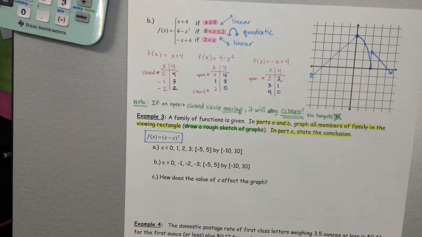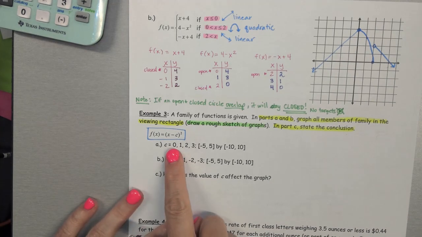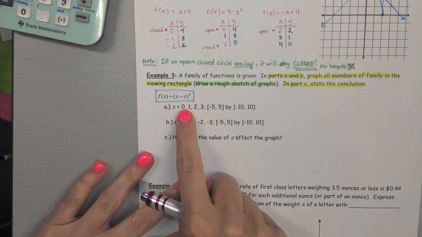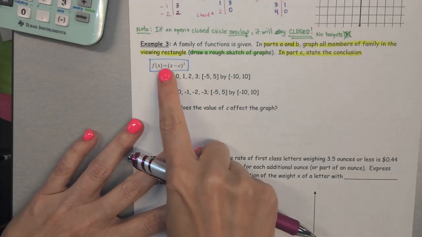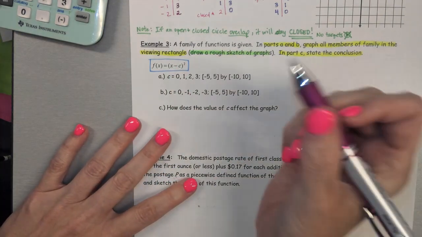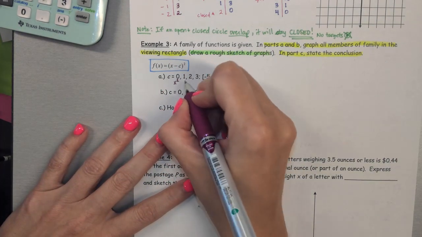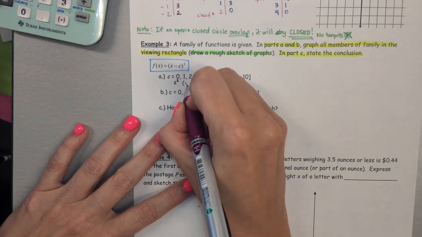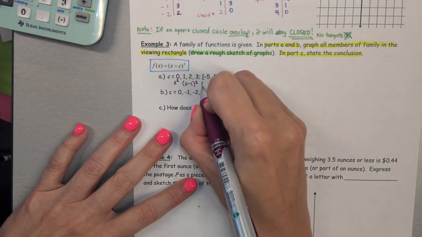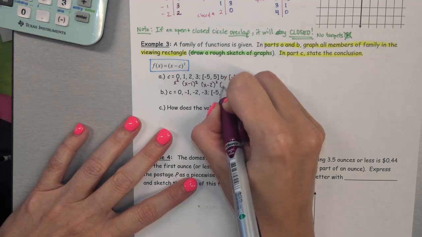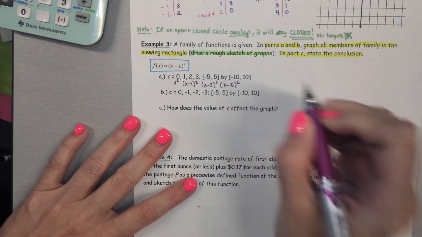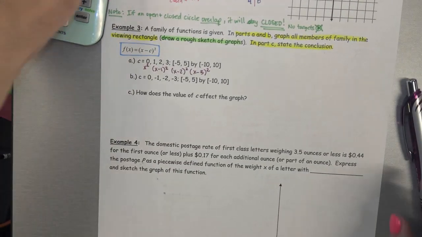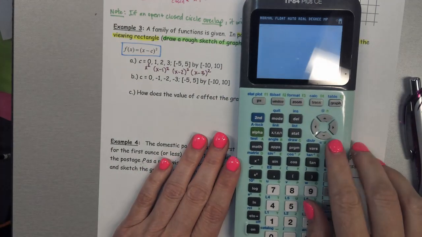Okay, so if you are doing this in your graphing calculator, if you were to plug in the values, x minus 0 squared is just the same thing as x squared. If you plug in 1, you have x minus 1 squared, x minus 2 squared, and x minus 3 squared. And then you're going to do that in your viewing rectangle.